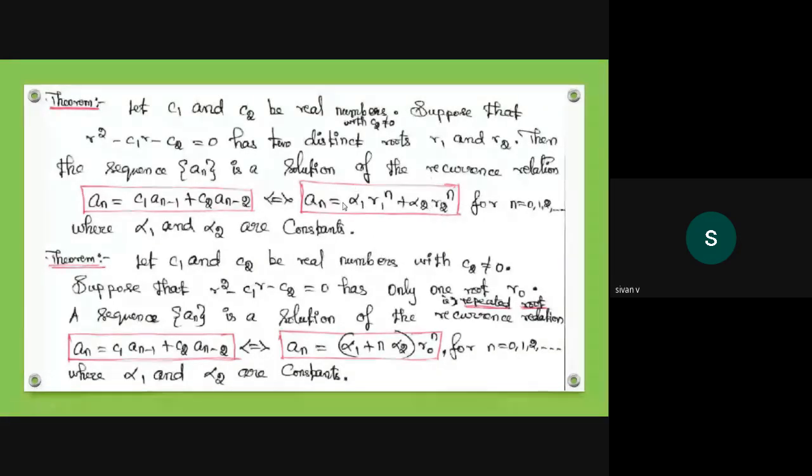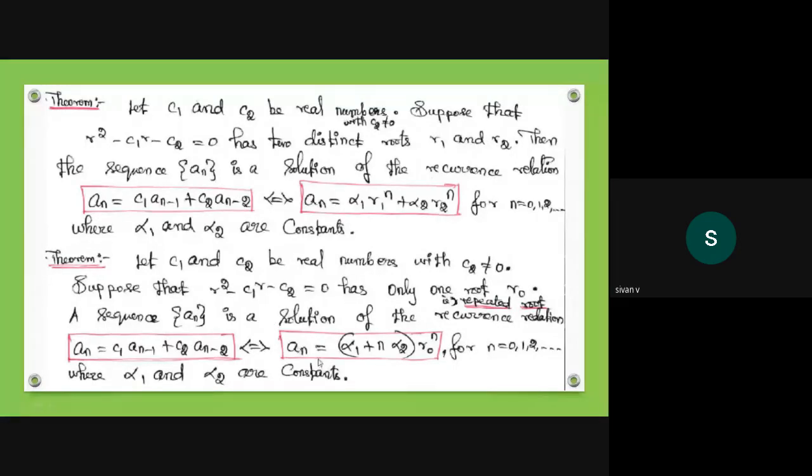The same way, this equation can have a repeated root. Let C1 and C2 be real numbers, with C2 non-zero. Suppose that r square minus C1 r minus C2 equal to 0 has only one root, repeated. Therefore, a sequence an is a solution of the recurrence relation.